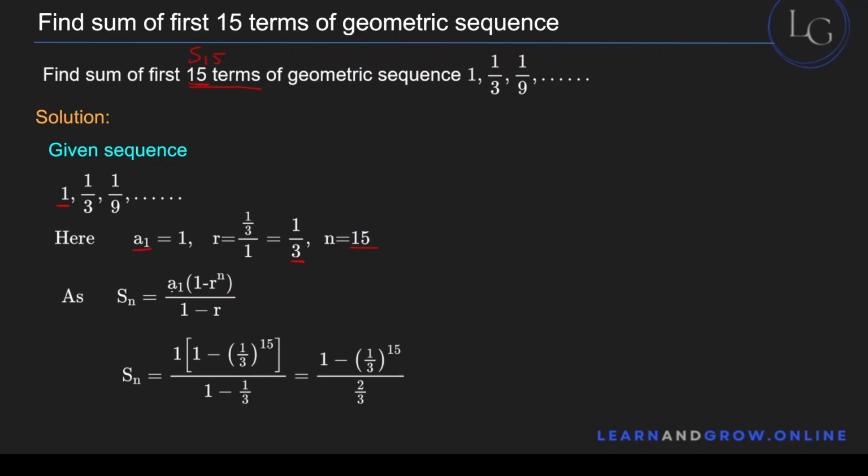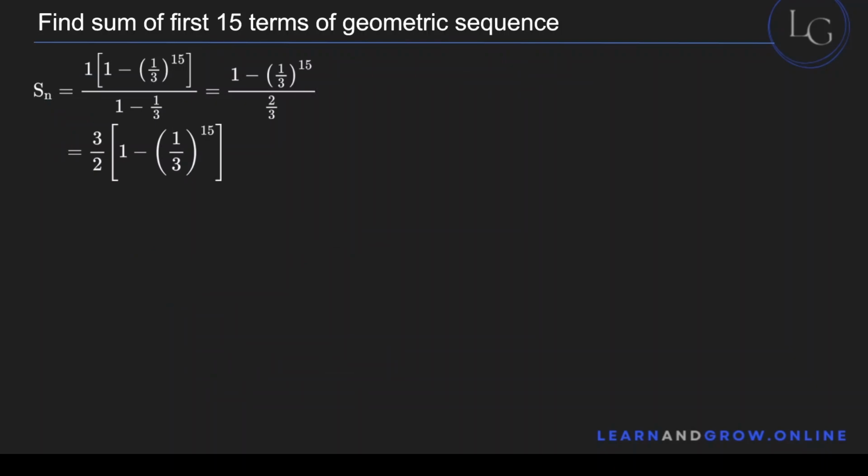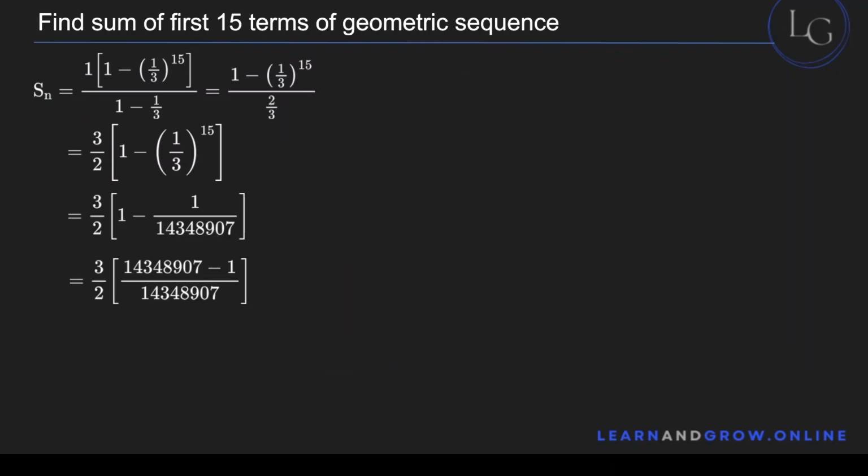And when we plug in the value of a1 as 1 and r to the power n, so 1 by 3 to the power 15, and obviously over 1 minus r, and r is 1 by 3, you calculate that, you get this. And so this is basically the value of S15.